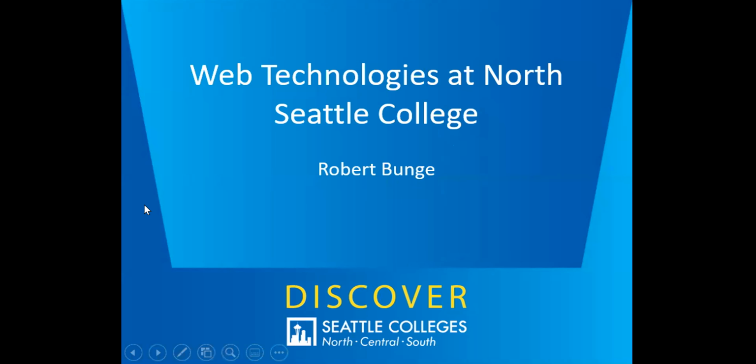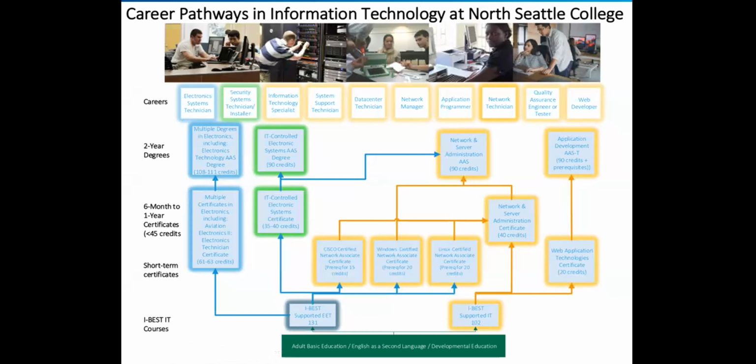Right, so the name of the program, Web Application Technologies. This first screen is a complicated flowchart diagram of the different pathways in information technology at Seattle colleges. Let me cut it down to a simpler idea. The things generally on your right that are highlighted in yellow or orange are programming courses, leading to application development.